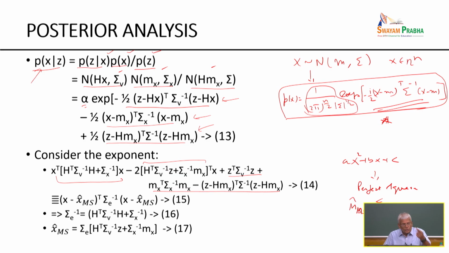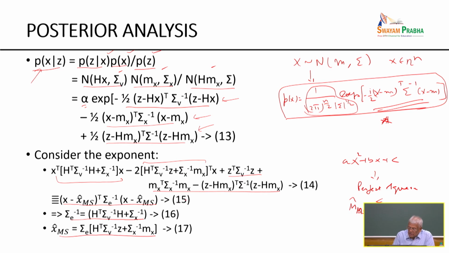So if you do the arithmetic and check the expressions for the scalar case, the vector case is also similar. After perfecting the square, this can be written like this, where sigma squared e is defined by this and x hat s is defined by that. So this is the same as in the previous exercise.